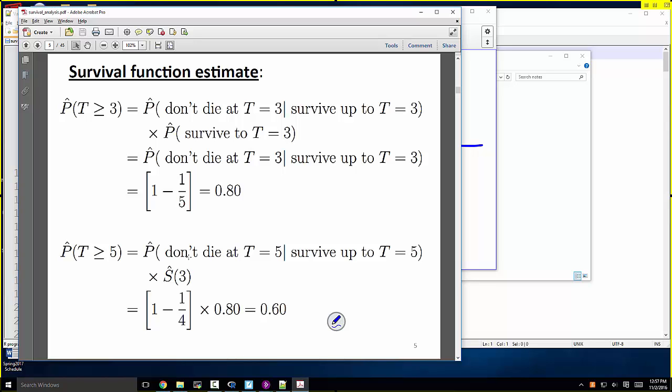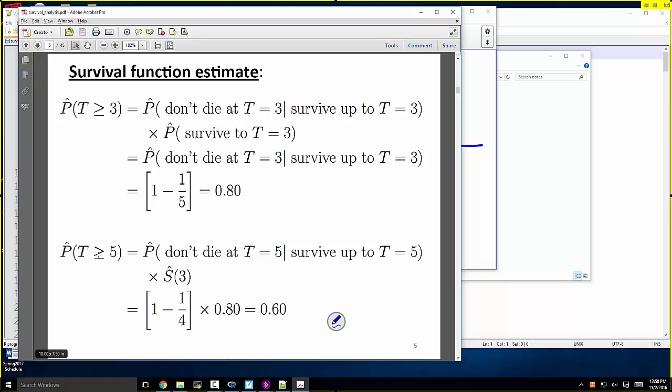So here I have the conditional piece, and then the marginal piece, the probability you survive up to time 5, is just the previous survival probability, in our case S hat of 3. We computed S hat of 3 up above, it's 0.8.